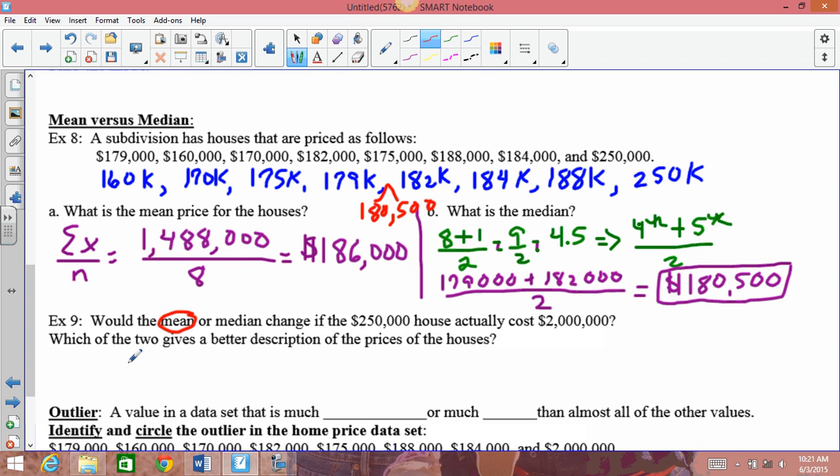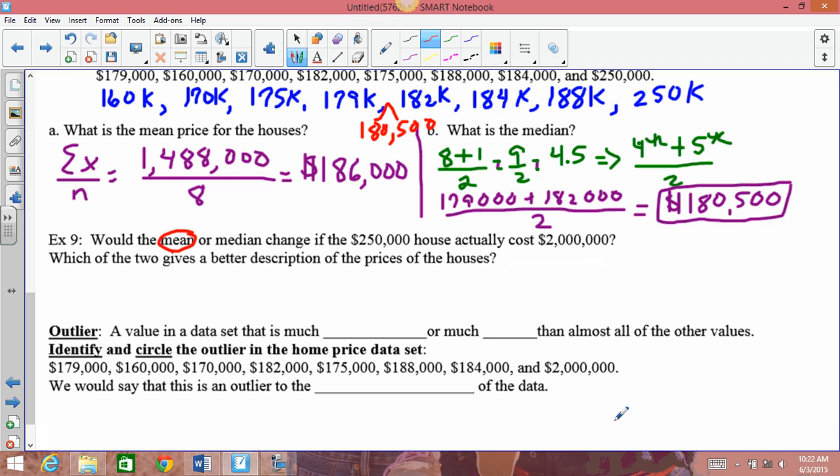Which do you think gives a better description of the prices of the homes? Likely the median in this case, because even 250,000 could be considered an outlier, but especially if you bump that up to 2 million, 2 million is a strong outlier. Formal definition of an outlier: a value in the data set that is much higher or much lower than all the other data values.